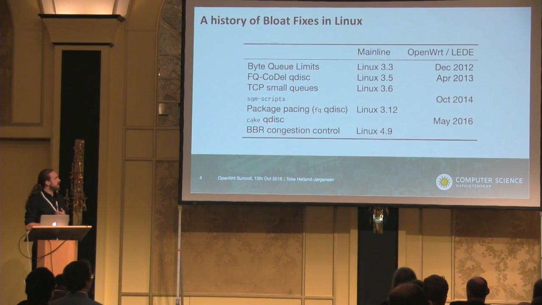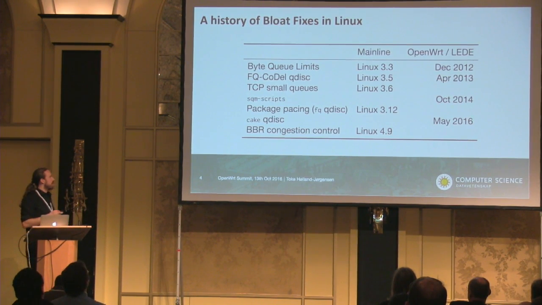The cake qdisc is an experimental development on top of fq_codel, which went into mainline OpenWrt in May, where we try to take some of the things that we have in SQM scripts with different tiers of shaping and so on, and we try to put them into one qdisc, so you just turn it on and it works. It's still under development, but it's working quite well.